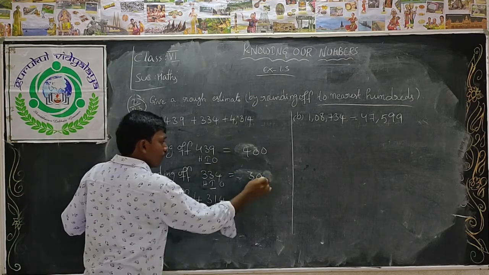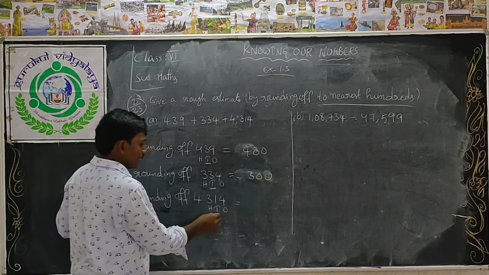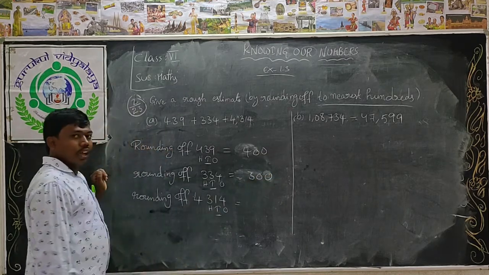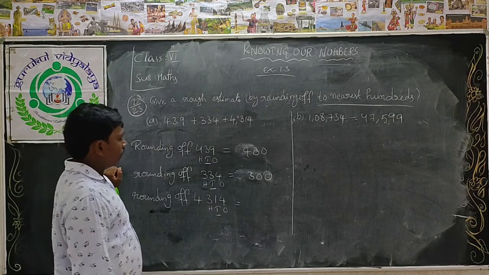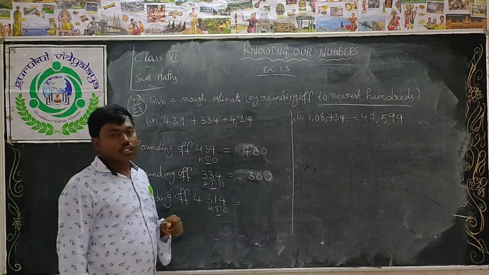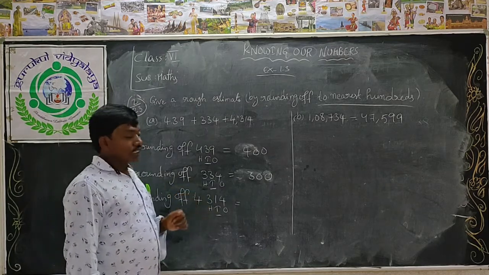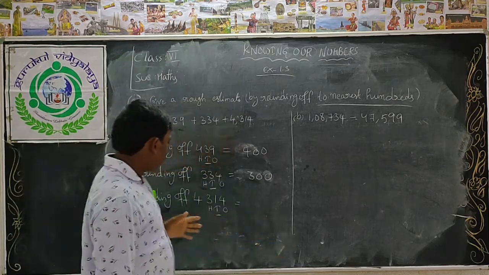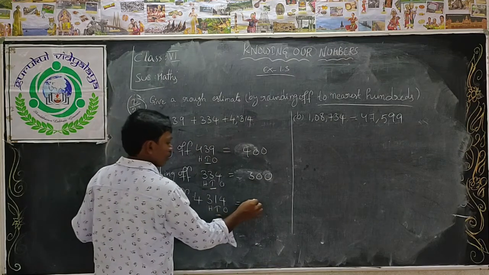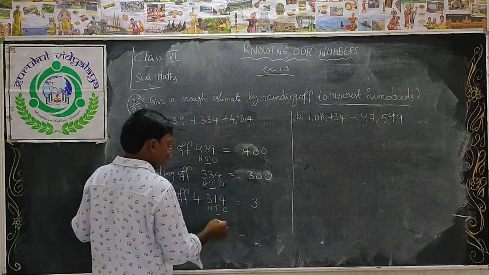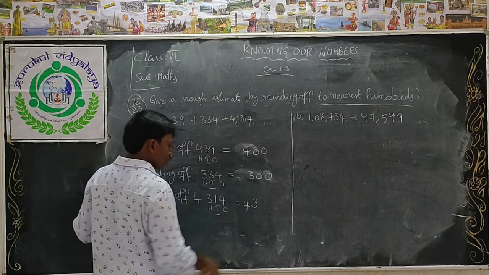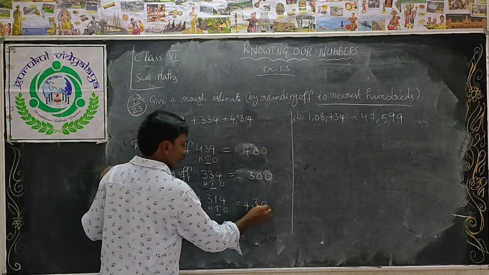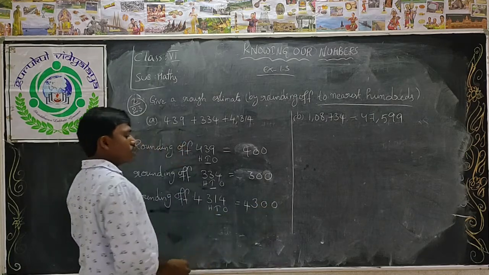So again here identify the tens place value. What is the tens place value? 1. So 1 is the tens place value. Is it less than 5 or not? Yes, less than 5. So no need to change the hundreds place value, that is 3, and the thousands place value also, no need to change, 4. Remaining both will be 0, 0.